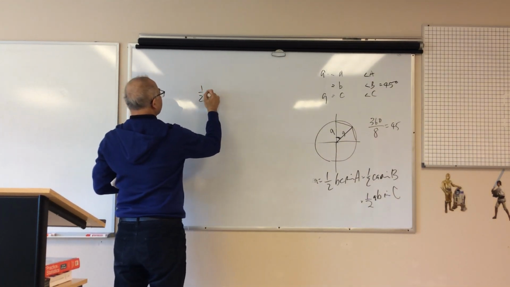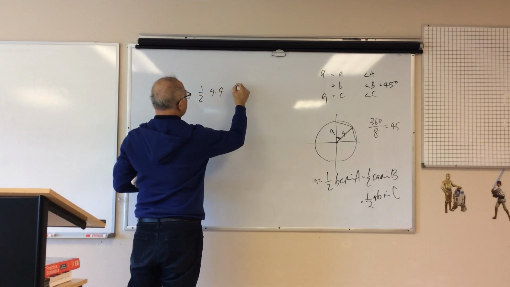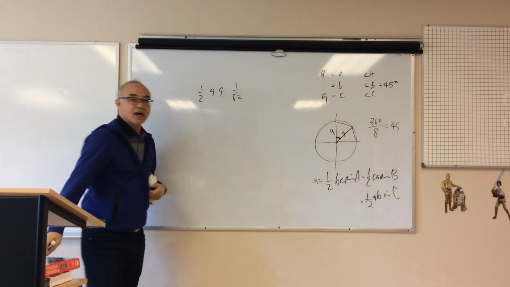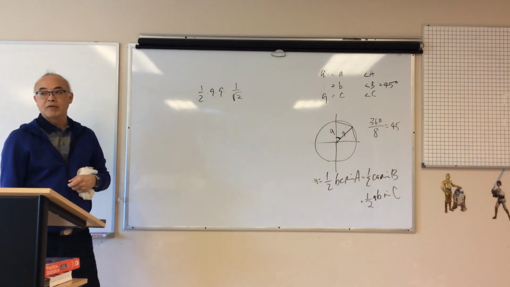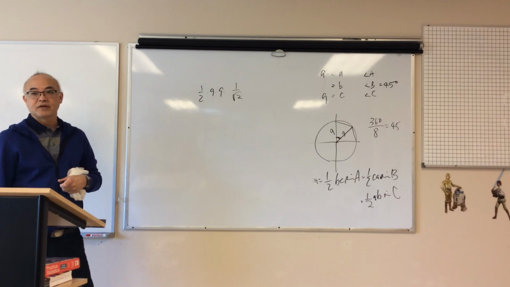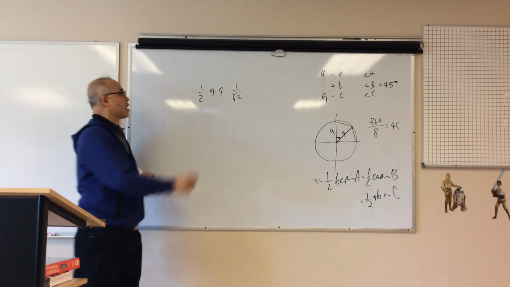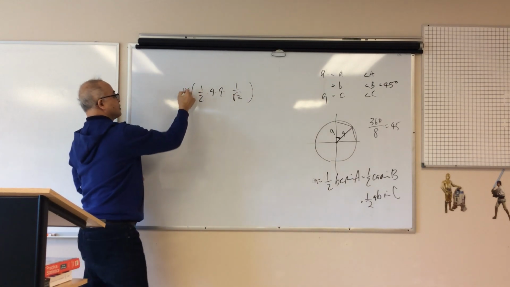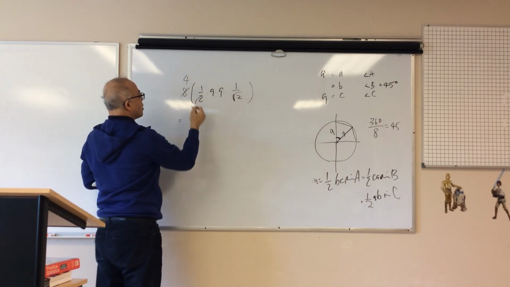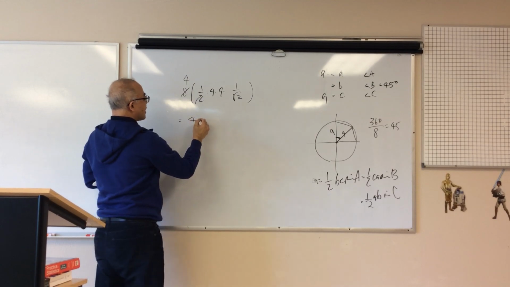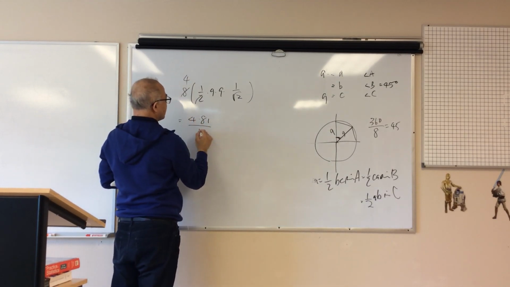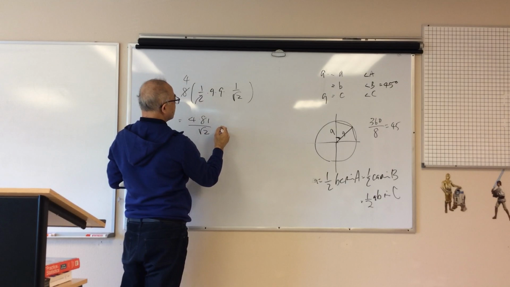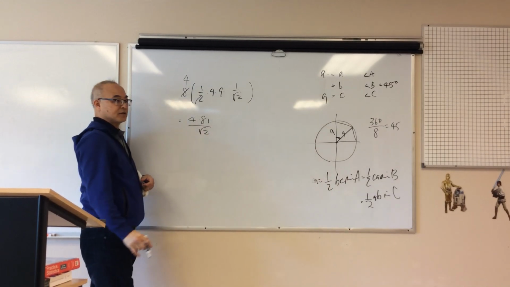So that would be one half, 9, 9, and sine 45 is 1 over root 2, correct? And how many of these do I have? 8, because it's an octagon, right? 8. So this cancels out. I get 4 times 81 over square root of 2, correct?